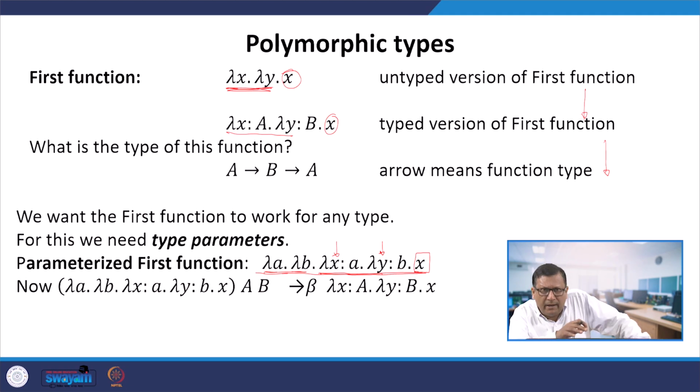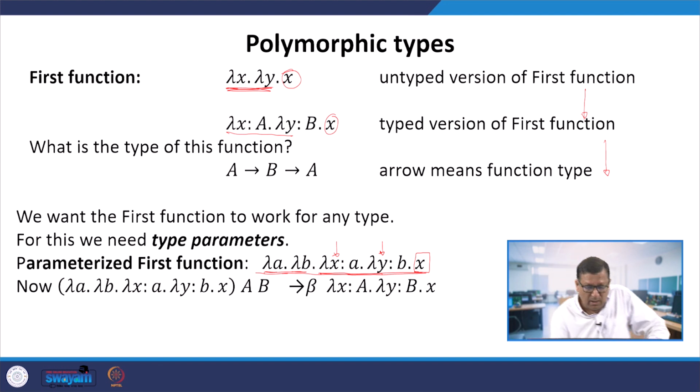In the body of this function abstraction, the A and B will not appear. The type parameters cannot appear there. The type parameters will be instantiated in the normal parameters: x is a variable of some type, y is a variable of some type. So the occurrence of these parameters is limited to the annotations. And in this body, we may have x, y, z, whatever. These are the normal parameters. That is the difference between these two.